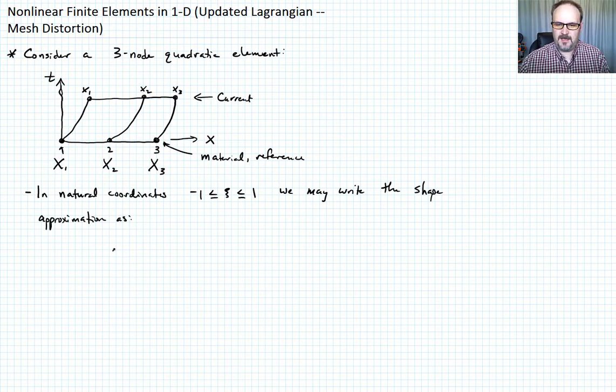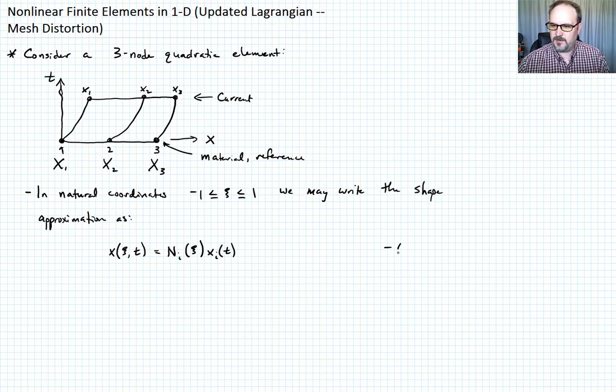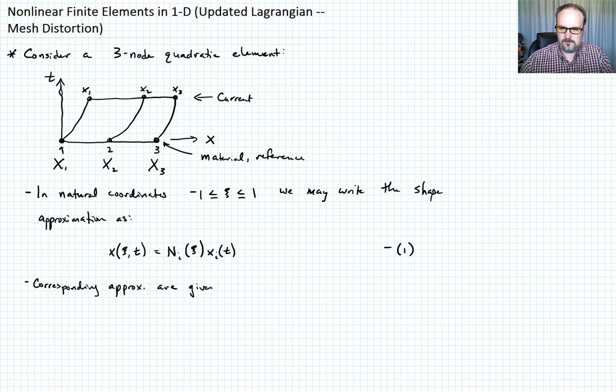We would say that little x is a function of c and t, and that's going to be equal to Ni, which will be a function of c, times xi, this nodal position vector, as a function of t. Let's call that equation 1. And the corresponding approximations can be written as follows. We can write our displacement approximation as u of c and t is equal to the same sort of form.